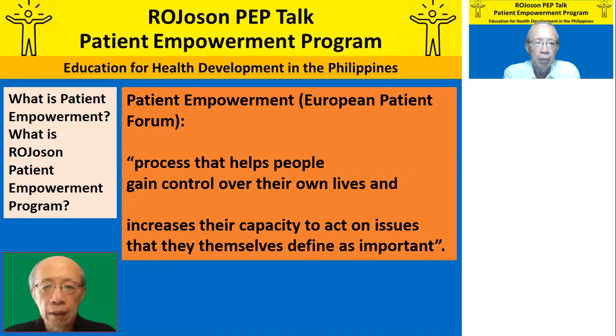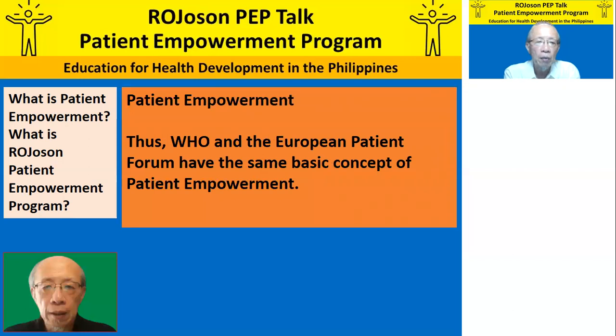The European Patient Forum defines patient empowerment as the process that helps people gain control over their own lives and increases their capacity to act on issues that they themselves define as important. Thus, the WHO and the European Patient Forum have the same basic concepts of patient empowerment.